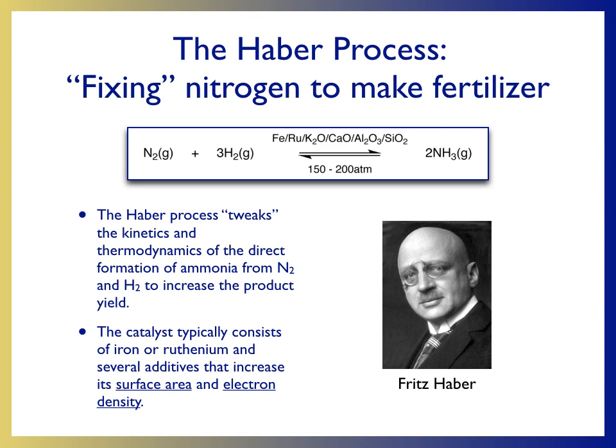How do they do that? First of all, they increase the surface area for the reaction to take place. The nitrogen and hydrogen molecules absorb to the surface of the catalyst in order to be in the right configurations to make ammonia.